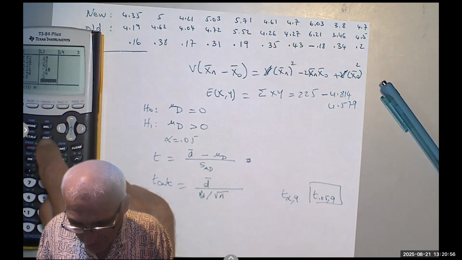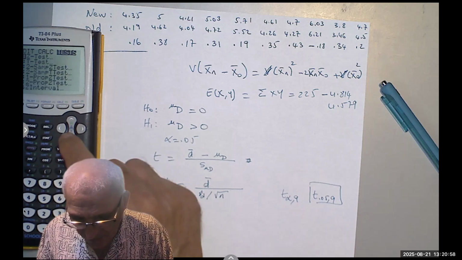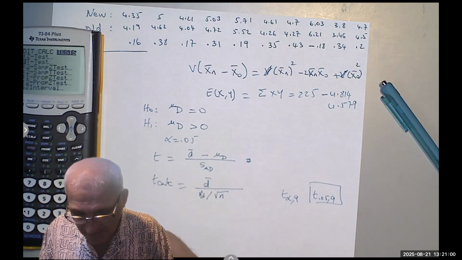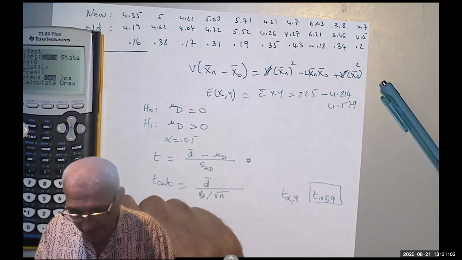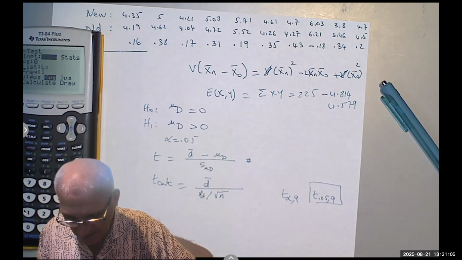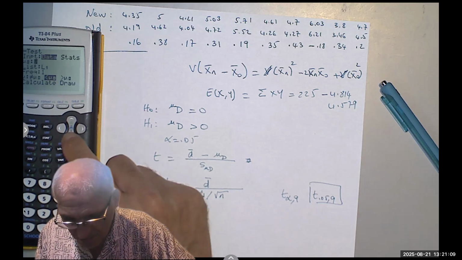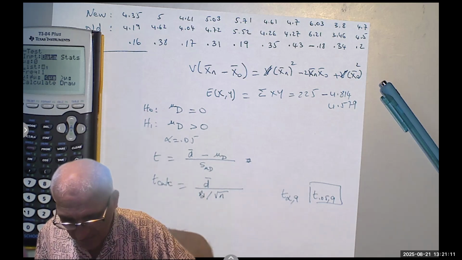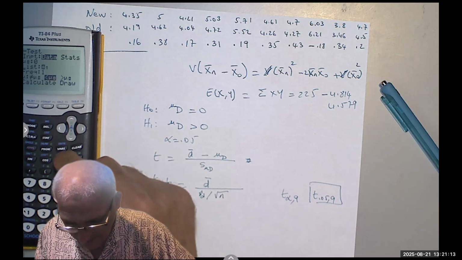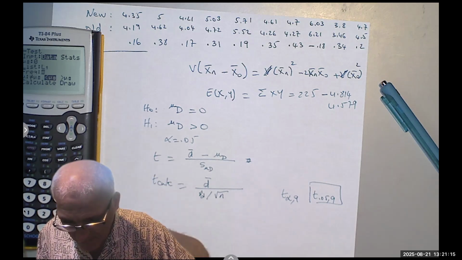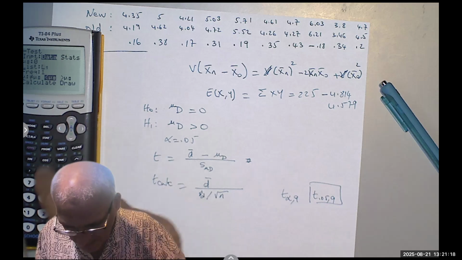And now I'm going to go to stat, a test of 1t test. I have the data. Mu is 0. But now the list is L3. No, I want to change that.